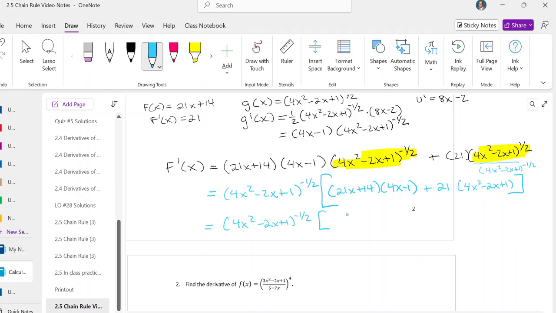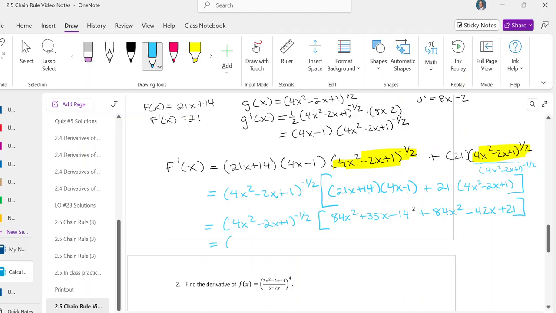So we would get 84x squared, minus 21, and 14 times 4 is 56, so plus 35x, and then minus 14. And then here when you distribute the 21, you'd get plus 84x squared, minus 42x plus 21.